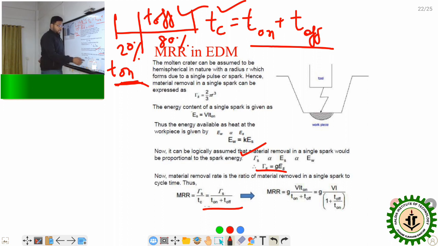From here we can convert it into MRR equals G into VI T on divided by T on plus T off. Very simple thing.